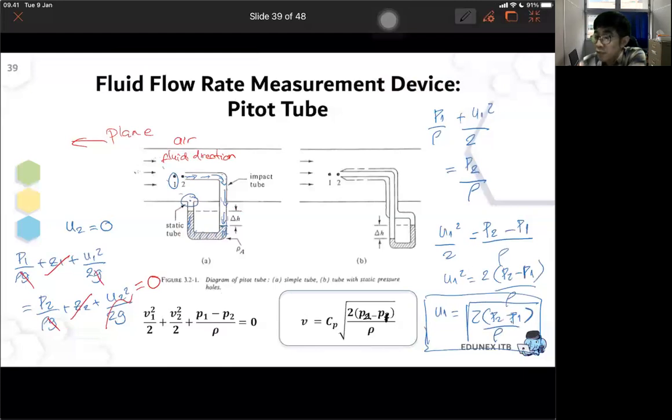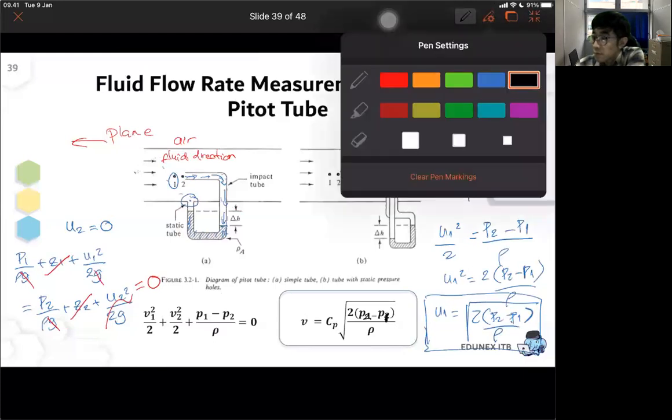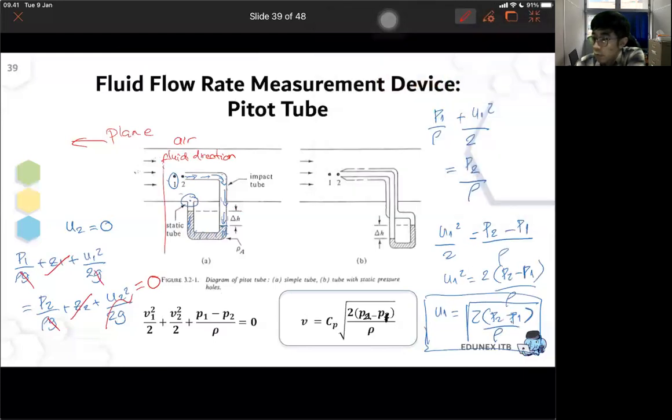If you have this arrangement, how to calculate P2 minus P1? By calculating the height difference, right?